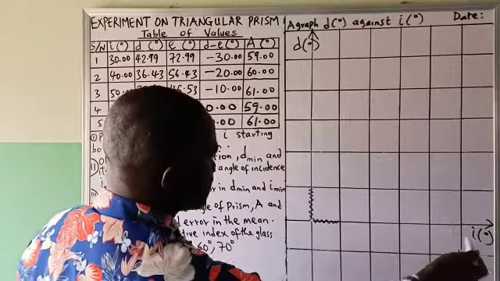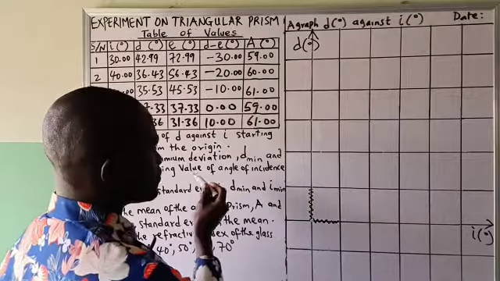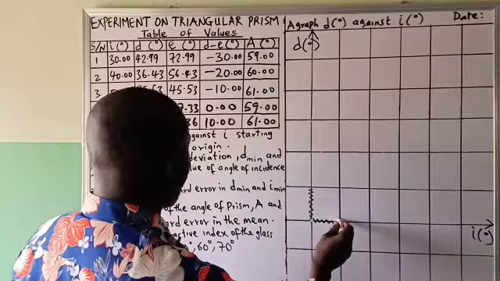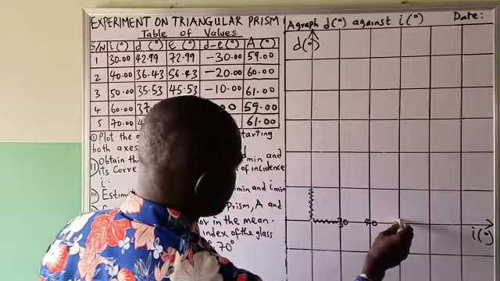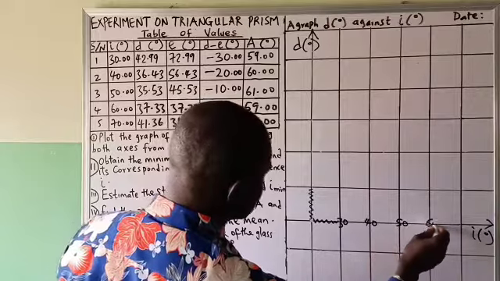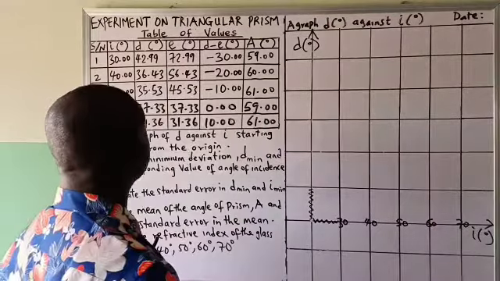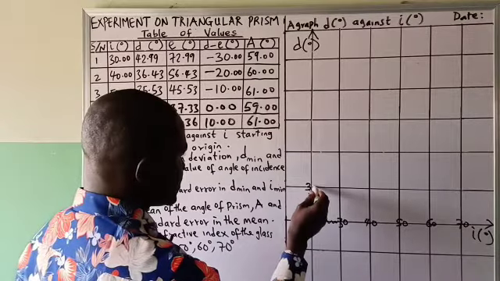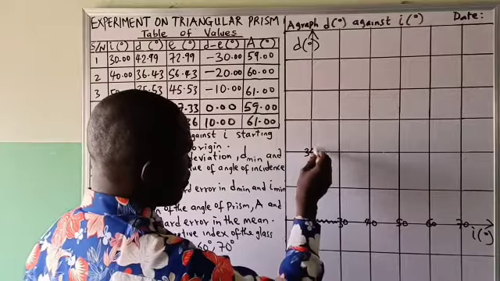I will put it this way. Then here my D starts from what? Here I will be having my I 30, 40, 50, 60, 70. That is my I. Then my D, if I start 30 here, I will write here, let's say 34.